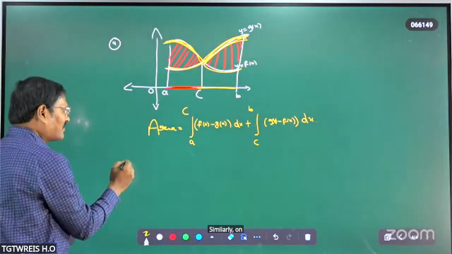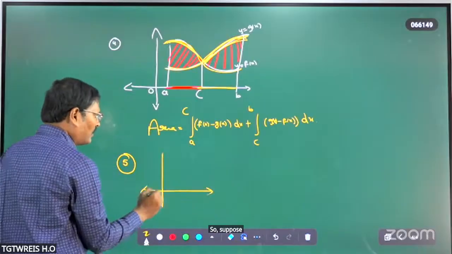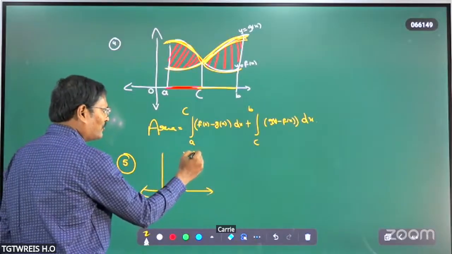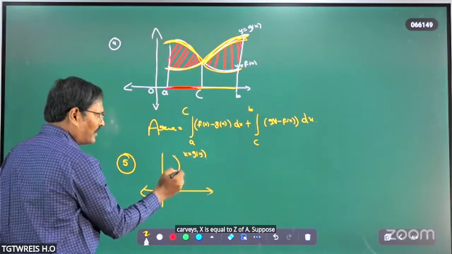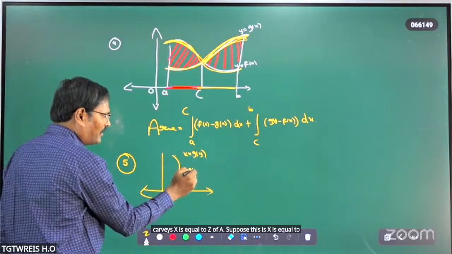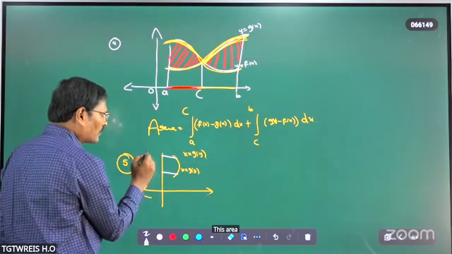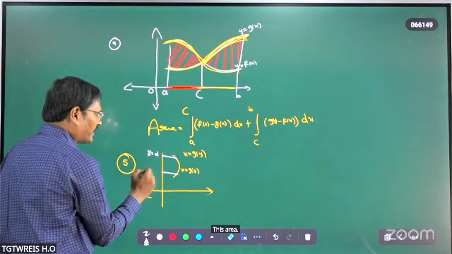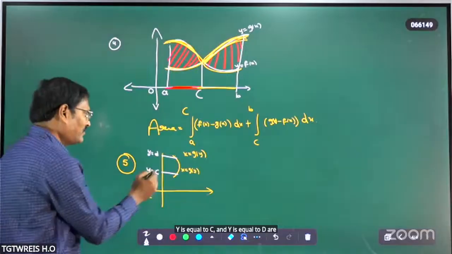Similarly, on the y-axis also we can take it. Suppose the curve is x is equal to g of y. If you want to find this area, y is equal to c and y is equal to d are the lines.